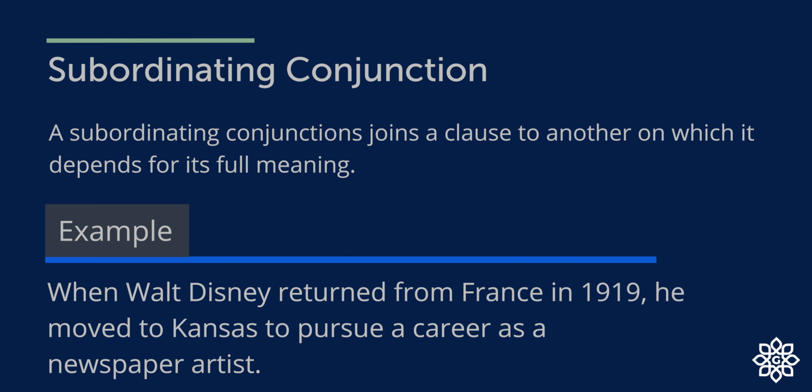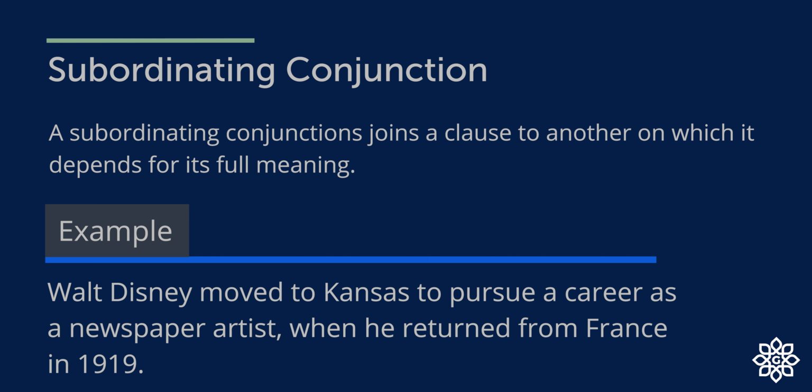And notice that we can put the dependent part before or after the main part without any change in the meaning of the sentence. So this sentence can also be rewritten as Walt Disney moved to Kansas to pursue a career as a newspaper artist when he returned from France in 1919.